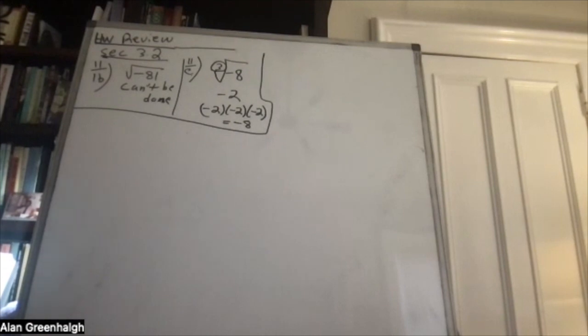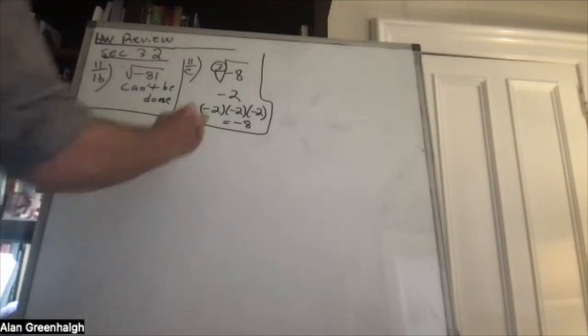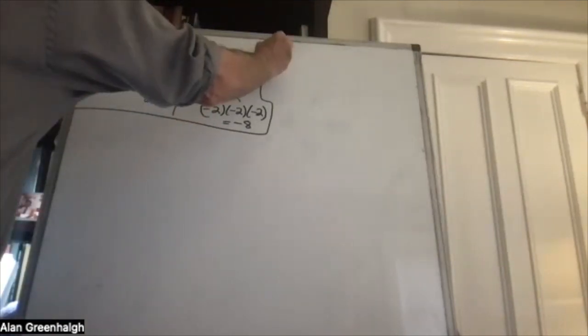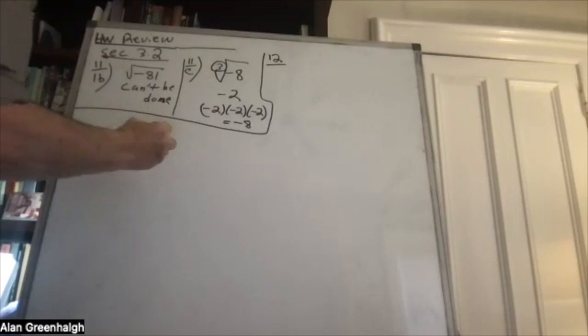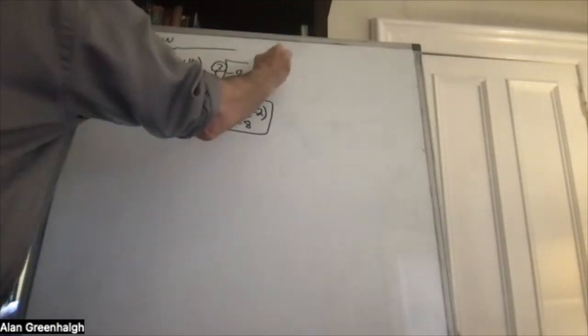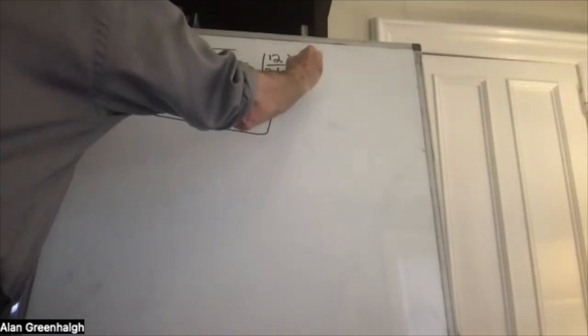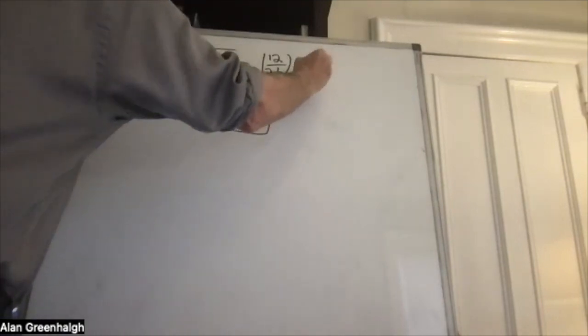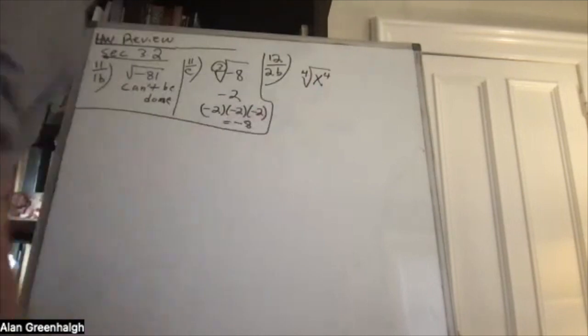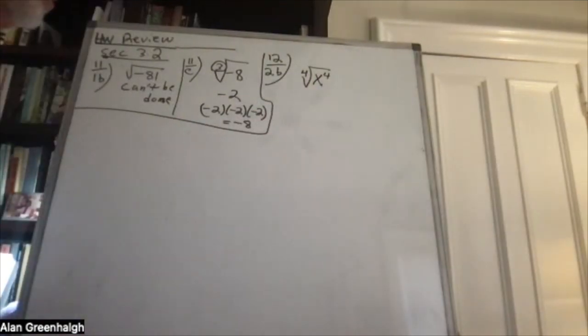All right, now the next problem goes to page 12, and it's problem 2B. And this problem is the fourth root of x to the fourth. And now the time has come for a generalization, a rule.